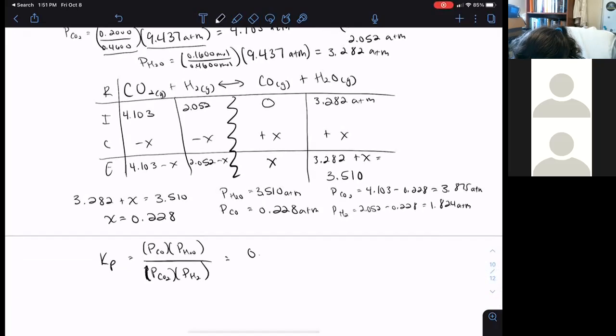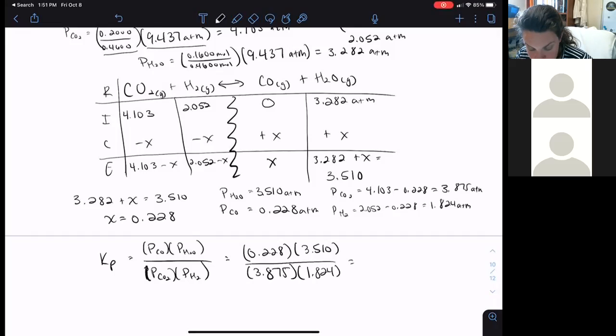So CO is 0.228, H2O is 3.510, CO2 is 3.875, and then H2 is 1.824. Giving us 0.113 for our Kp.